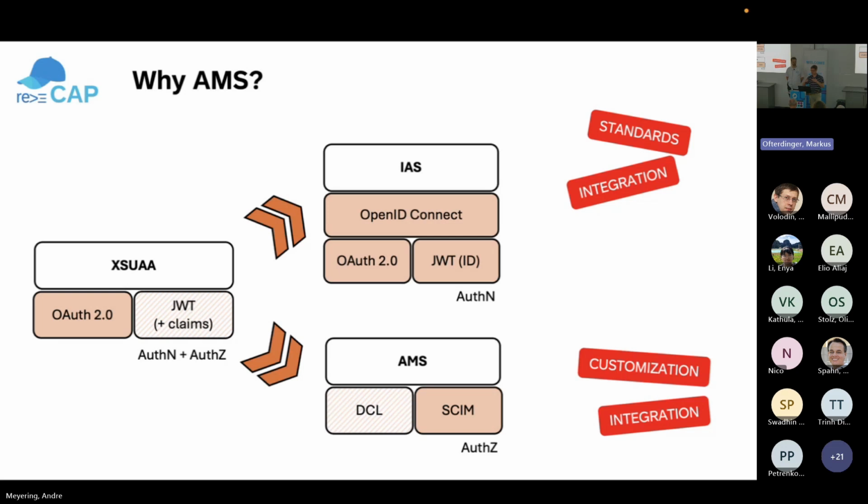And now, as IAS is only focusing on the authentication part, AMS needs to close the gap regarding authorization. It's about defining policies containing roles, recombining them, and also allowing customers to assign them to users, bringing a really flexible service for customization, and also for integration with automated user provisioning.